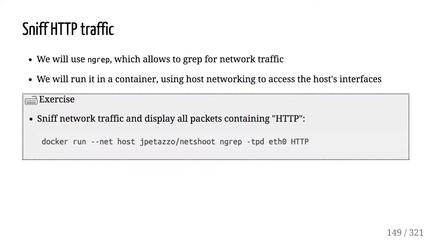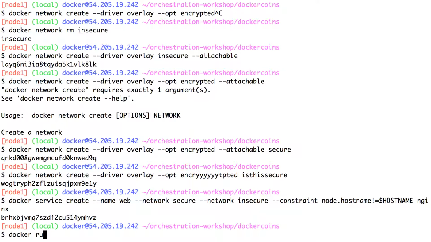So now we are going to use my fork of the netshoot image, which contains ngrep. The upstream netshoot doesn't have ngrep. So what is this command? docker run, okay, that's to run a container, no problem. --net host. That means I'm running in the container, but my network stack is the network stack of the host.